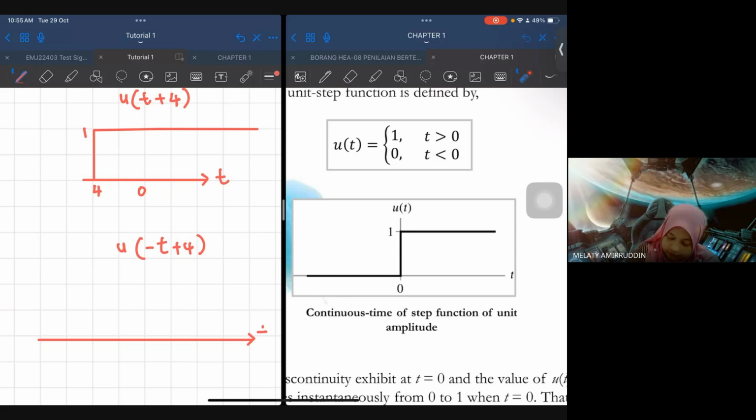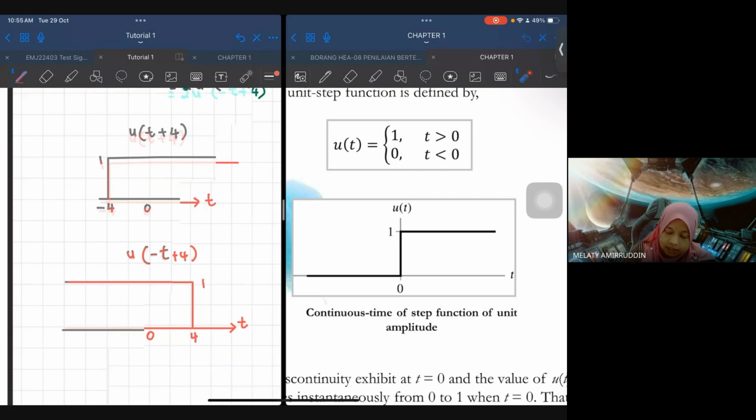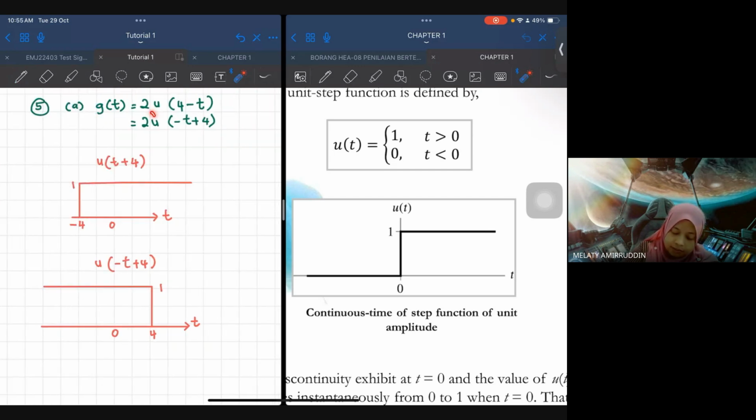Do reflection. It becomes negative, and 4 becomes 0. The signal becomes like this. Reflect. And then the amplitude is still 1. And then you must consider the amplitude 2. So the amplitude is multiplied by 2.